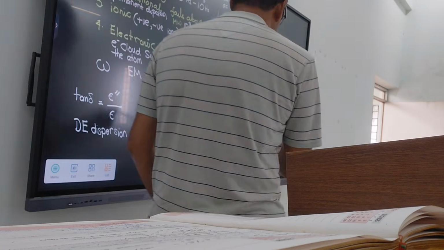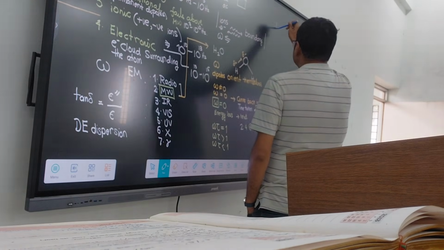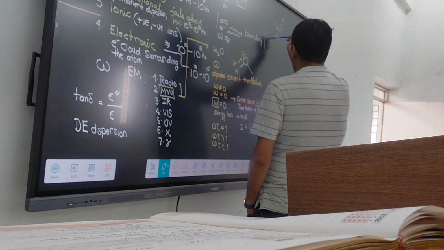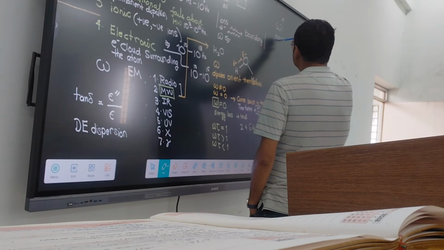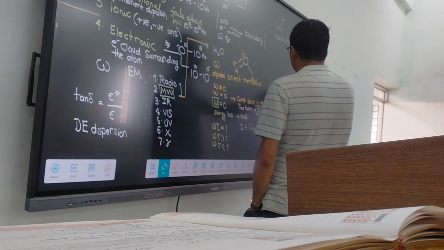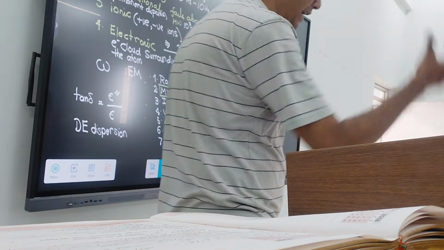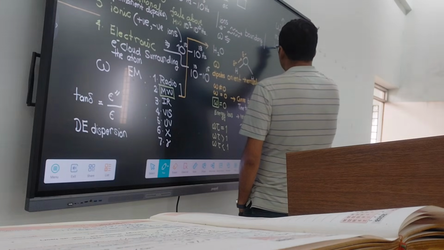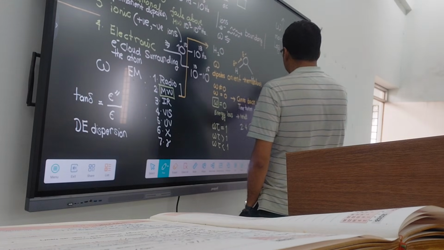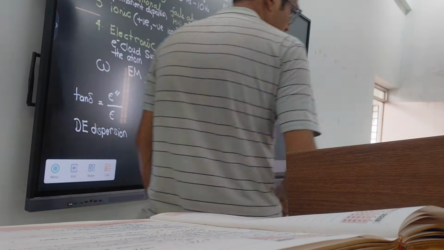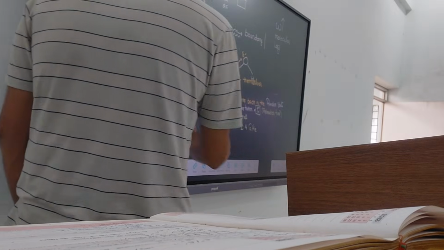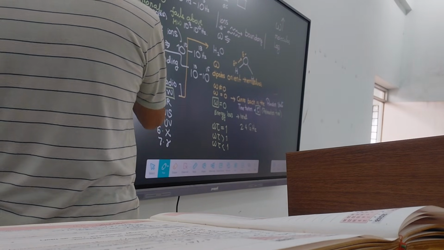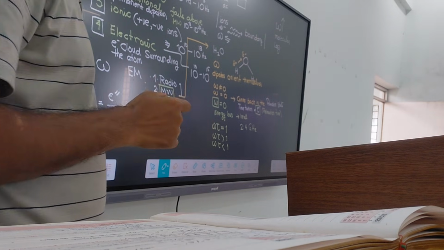So whenever the frequency is too high, frequency अगर बहुत ज़्यादा high हो गया है and the molecules are not able to orient themselves in either of the ways, तो उसको हम बोलते हैं lag. Well, they are not affected. अलग अलग केस में अलग अलग फ्रीक्वेंसी के लिए अलग अलग lags. ठीक है.